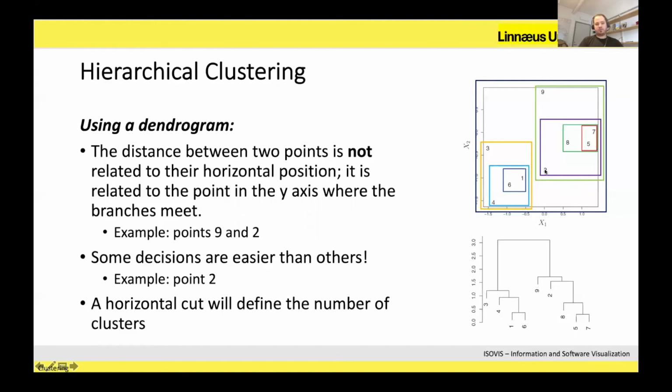So to say that, if I were to partition this data into 2 clusters, I say, okay, I want 2 clusters, then 2 and 9 would actually be in the same cluster. But 2 and 1 are much, much closer to each other.